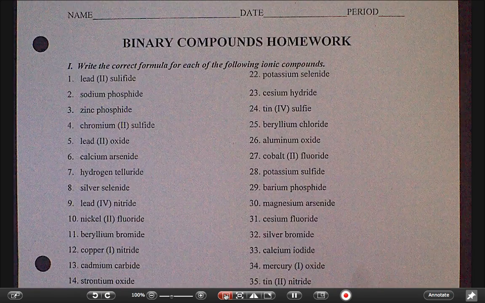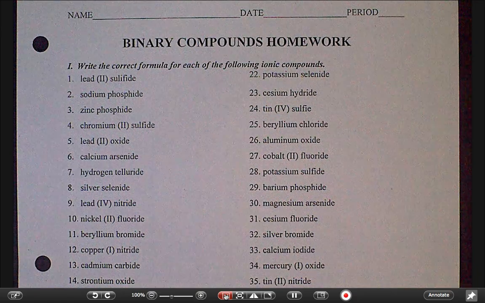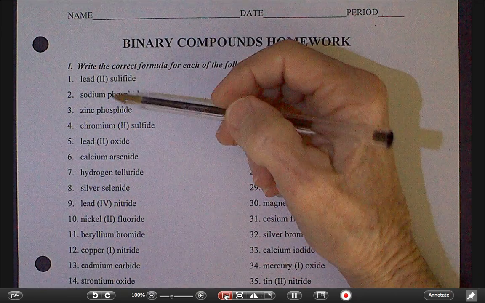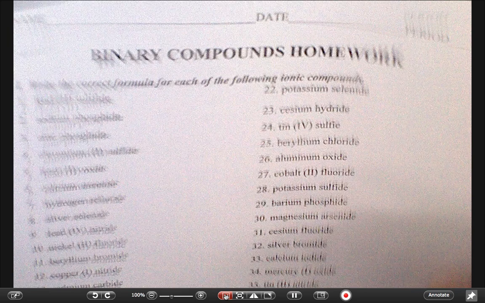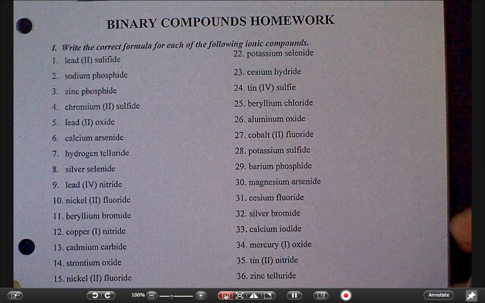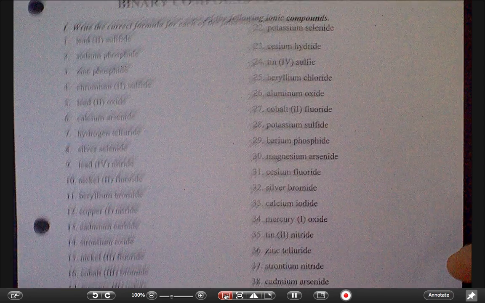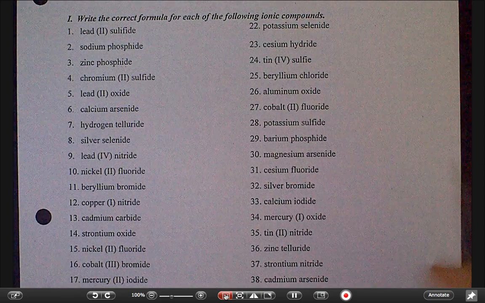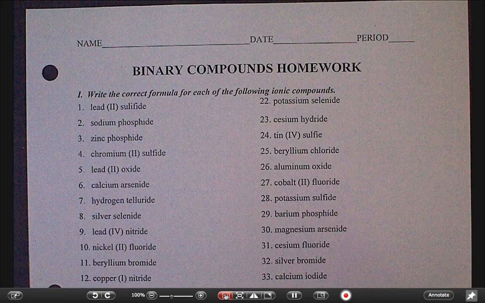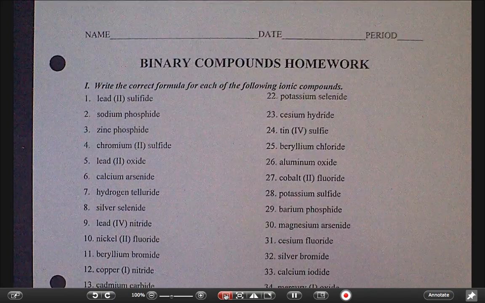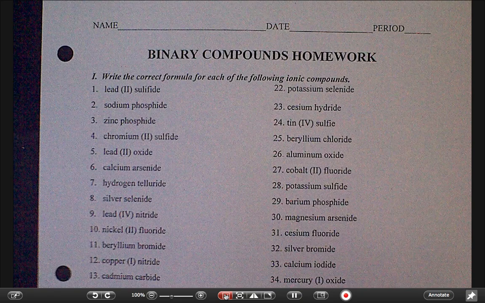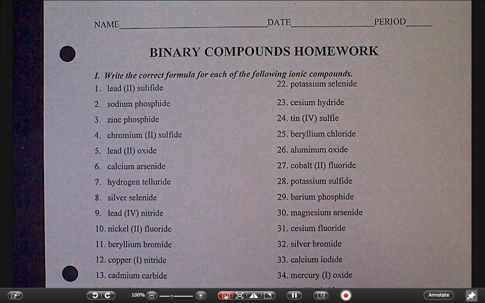On like section 1, do 1 through 21. Well, I want to kind of hit it because it's a lot to do. Well, I'll think about it as we go through. Okay, if you write large, I can't really help you because there's not a lot of space, is there?